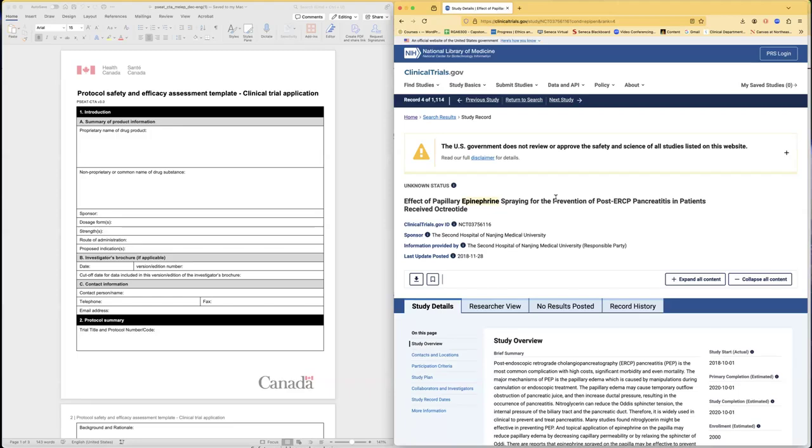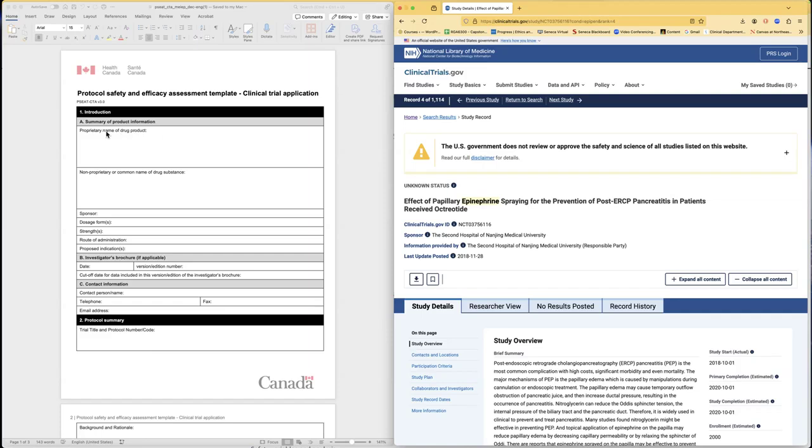I searched for the forms that I have to prepare for the clinical trial application in Canada, and I found one of the forms, which is the PSEAT. So now in front of me, on the left, I have the form to complete. On the right, I have the information from the clinical trial that I am now going to find, copy, and then paste into my PSEAT.